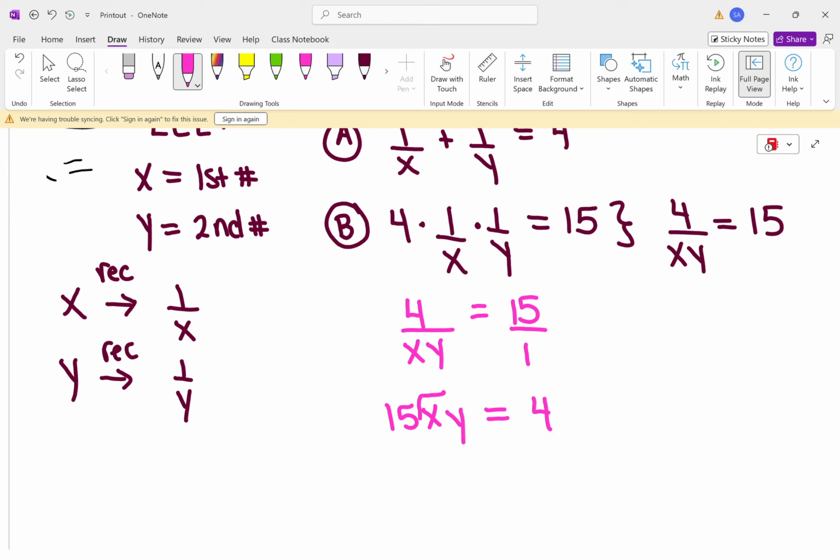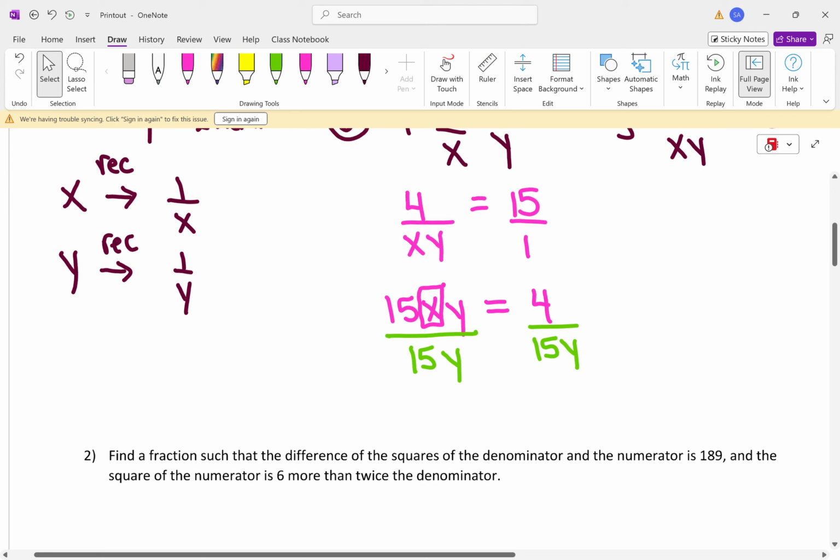Now let's say I want to solve for x. If I want to solve for x, I need to get it isolated. I need to get it all by itself. Aren't both the 15 and the y multiplying to the x? So to undo multiplication, we're going to divide. So I'm going to divide by 15y on both sides. So here I'm going to have x is equal to 4 over 15y.